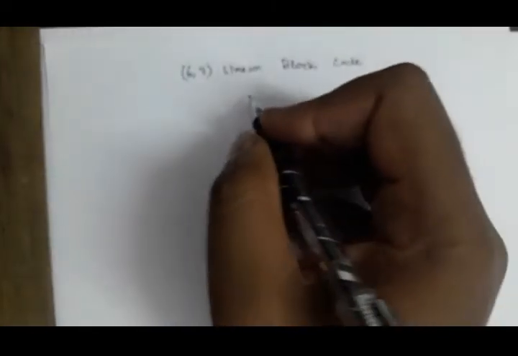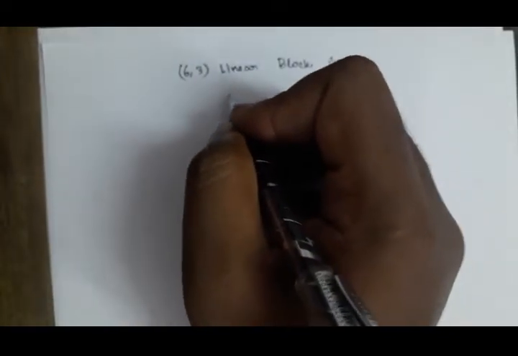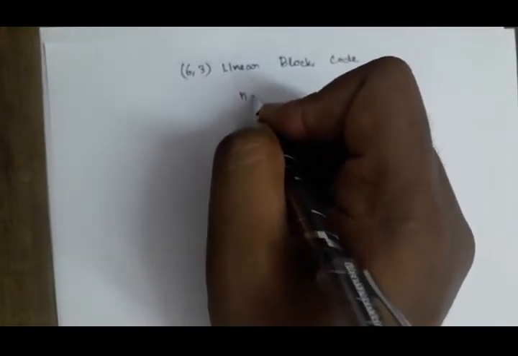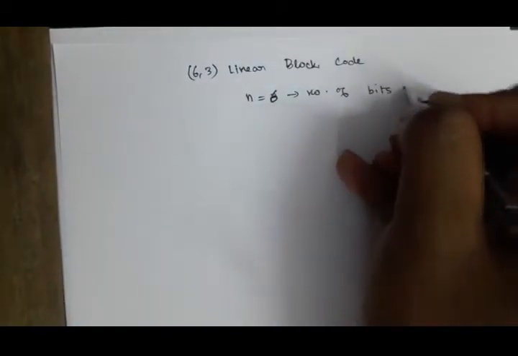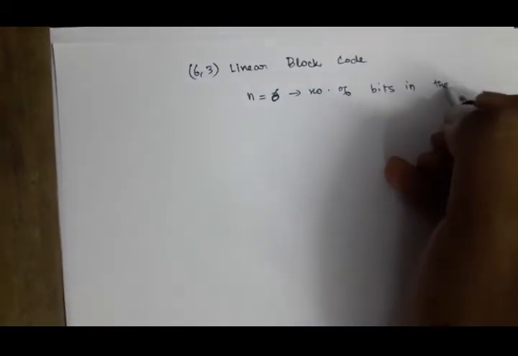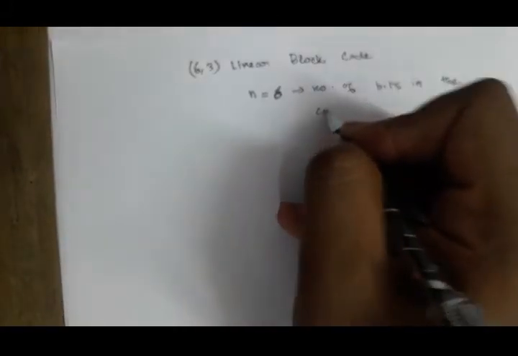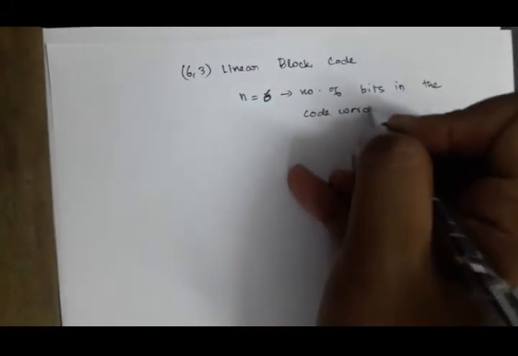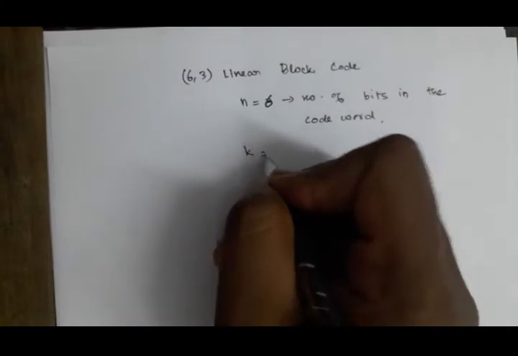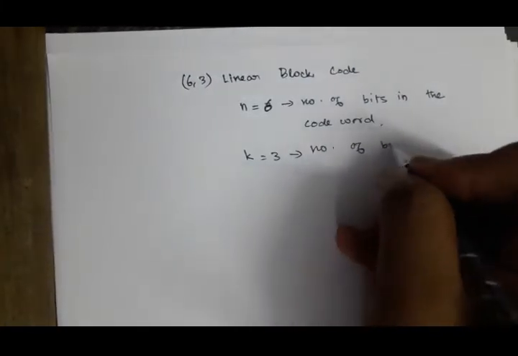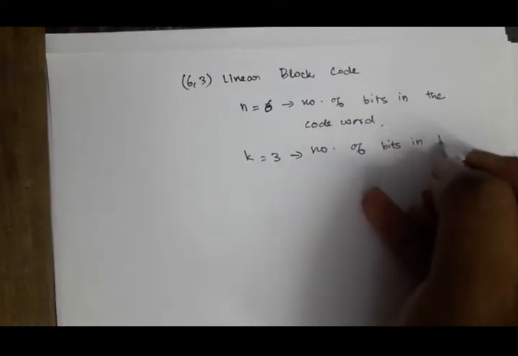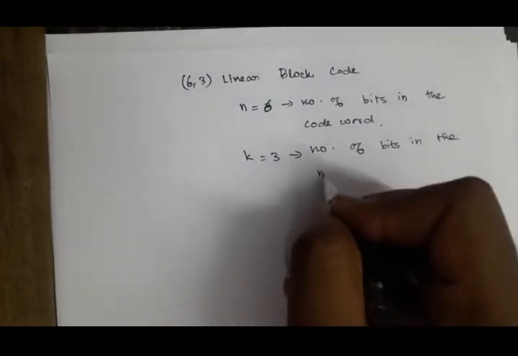So that we know that n is equal to 6, where n is the number of bits in the code word, and k is equal to 3, where k is the number of bits in the message word.